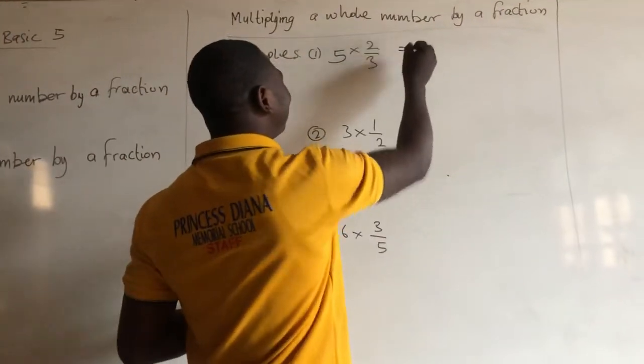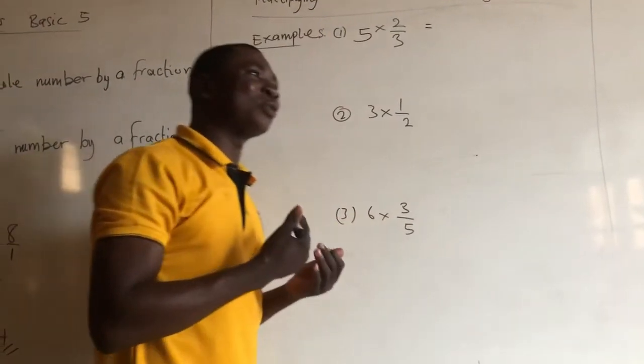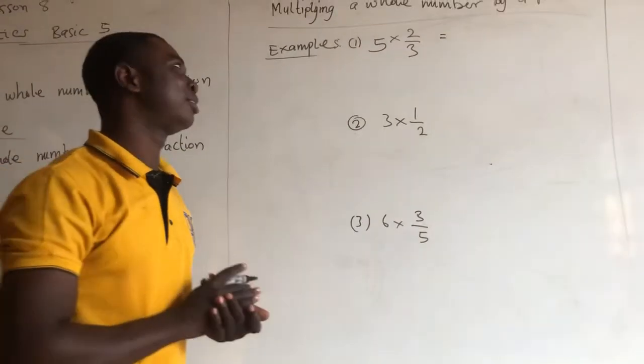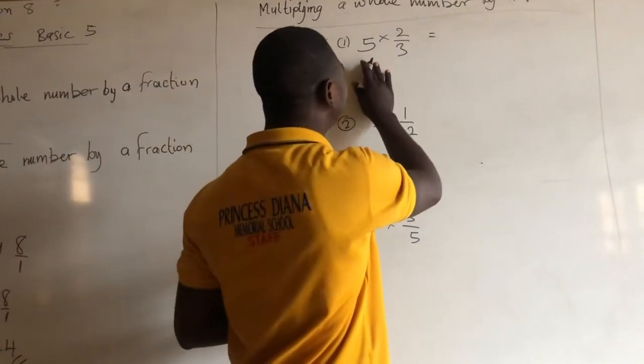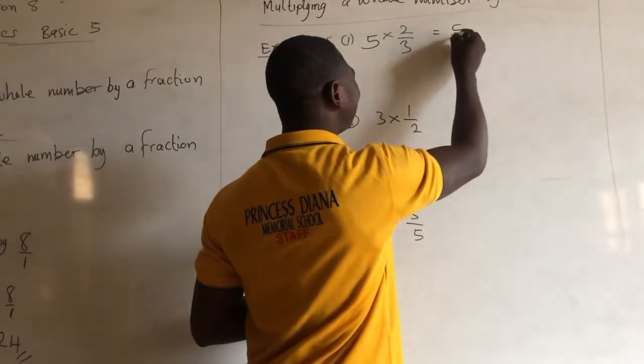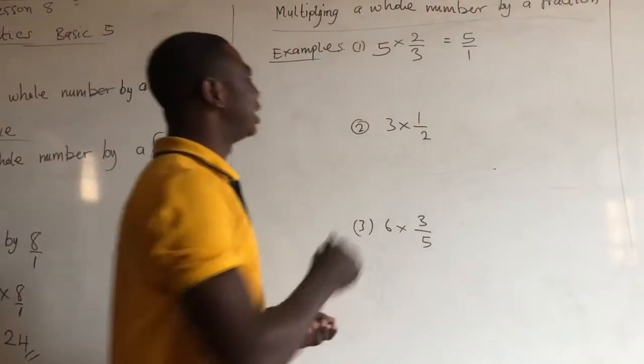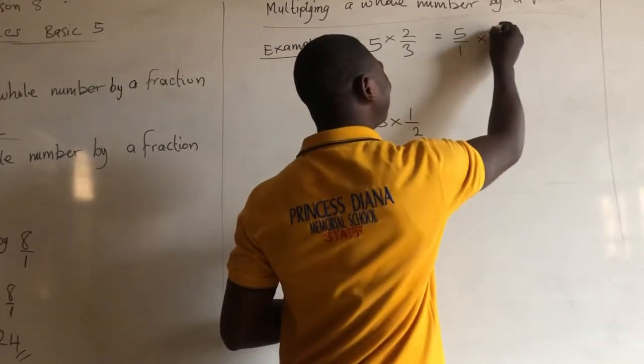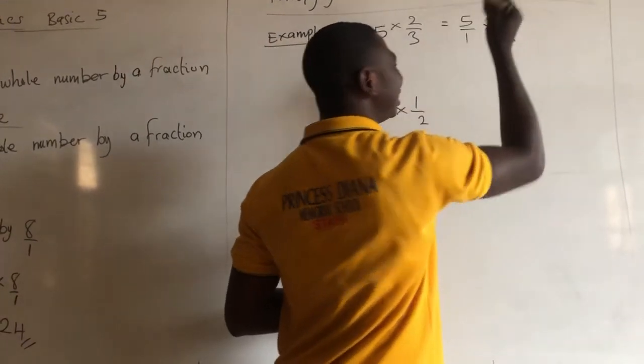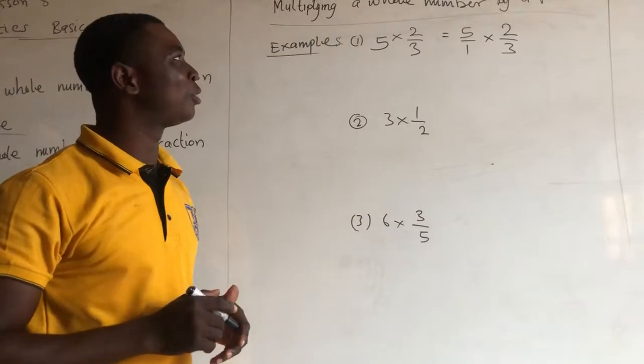We have seen that a whole number standing is out of 1. Now we don't normally write it. So when we say 5, it can also be written as 5 out of 1 times 2 out of 3.